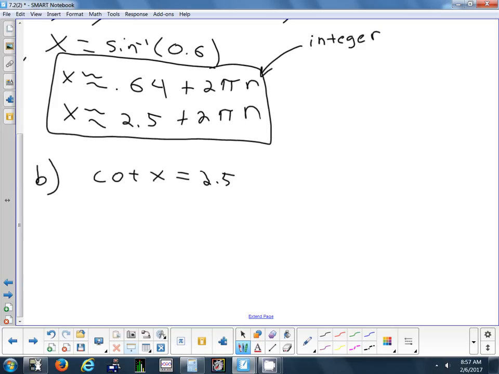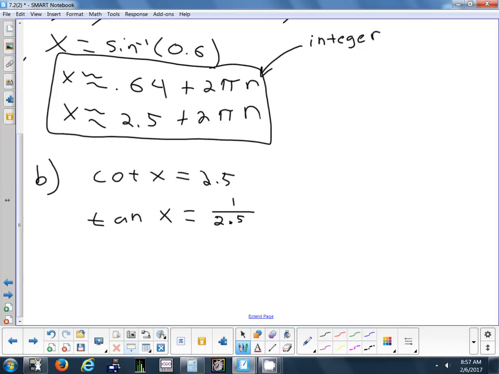Tangent. So if I know the cotangent equals something, then I also know what the tangent equals. What's the relationship between cotangent and tangent? They're reciprocals. So if the cotangent is 2.5, what's the tangent? It's 1 over 2.5.